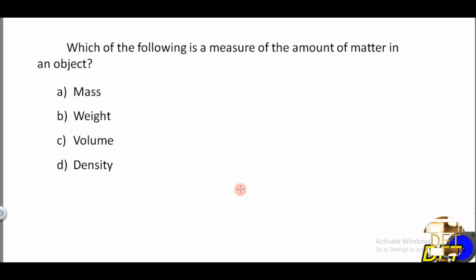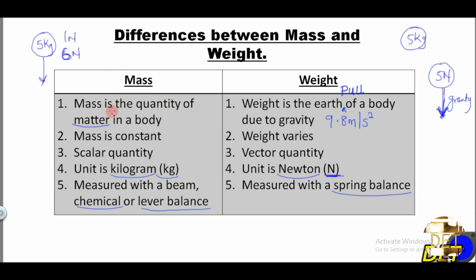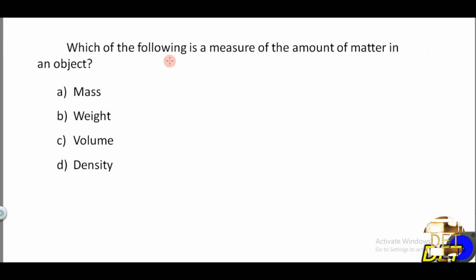So let's look at this question. Which of the following is a measure of the amount of matter in an object? We've looked at it before that mass is the quantity of matter in a body. So the answer is mass.